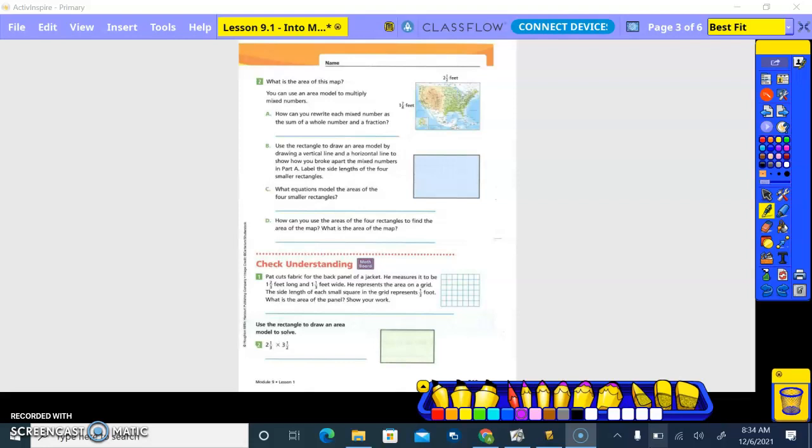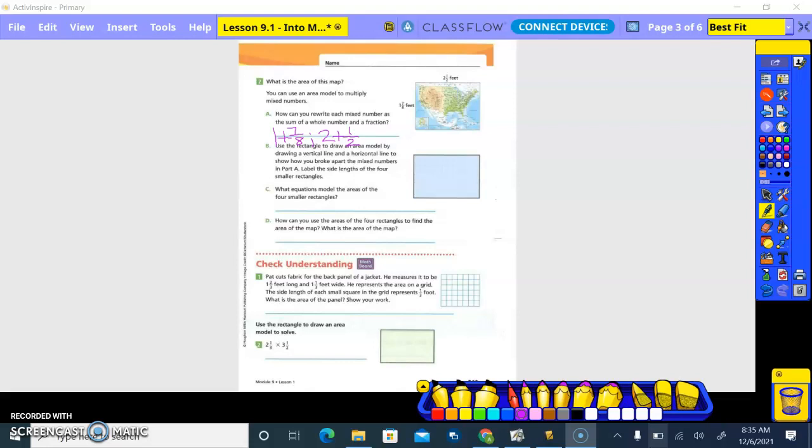And then the other one would be 2 plus 1/2, right? Use the rectangle to draw an area model by drawing a vertical line and a horizontal line to show how you broke apart the mixed numbers in part A and B. Label the side lengths of the smaller rectangles.